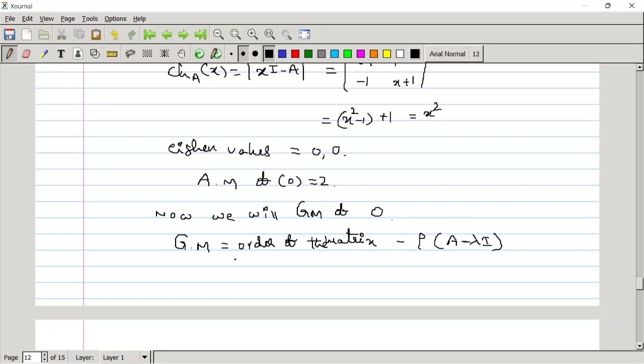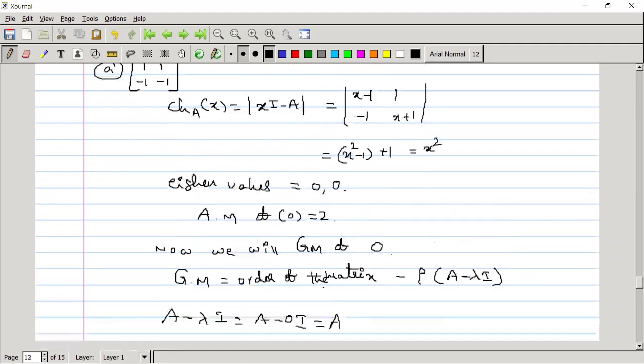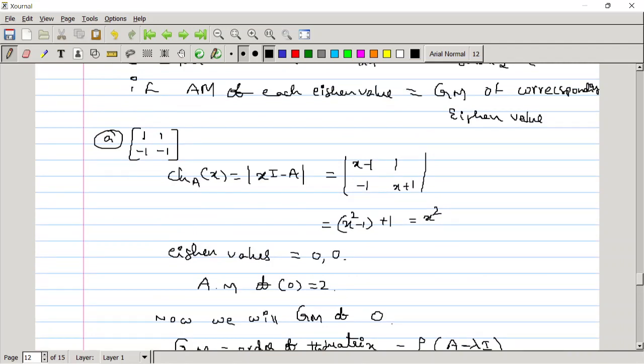For the eigenvalue 0, A minus lambda I is A minus 0 times I, which is nothing but A. So rank of A minus lambda I is rank of A, which is 1, since the determinant is 0.